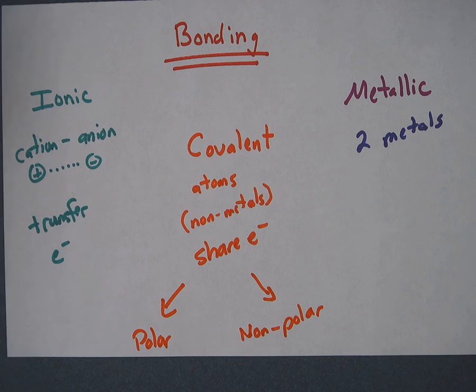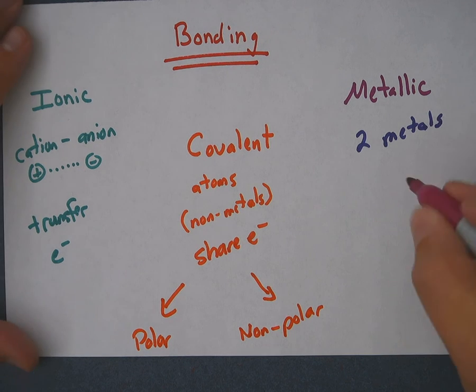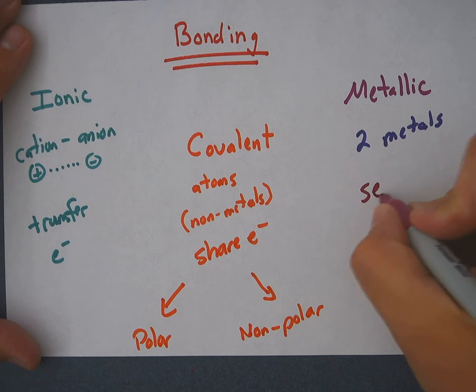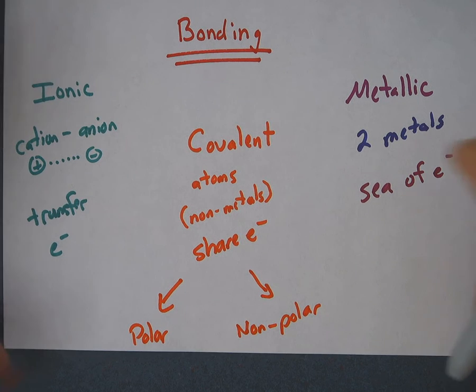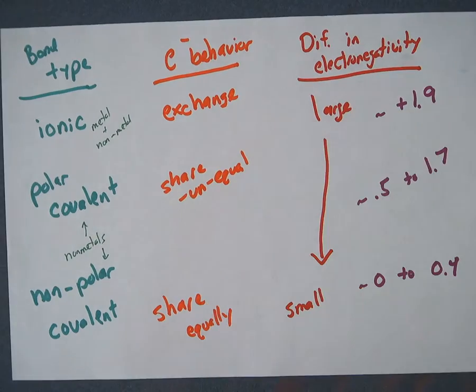Sorry, a little bell there in class. But what they're going to have here is a sea of electrons. You'll see a little lesson at some point where you'll study what a metallic bond looks like.